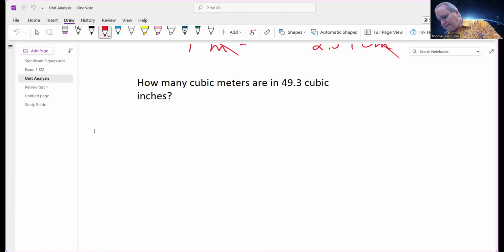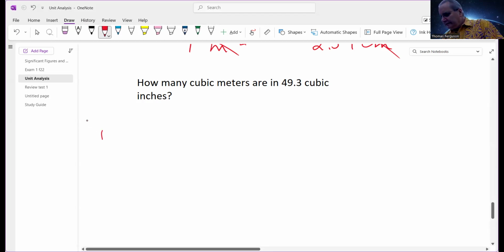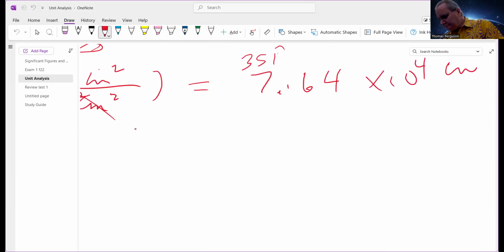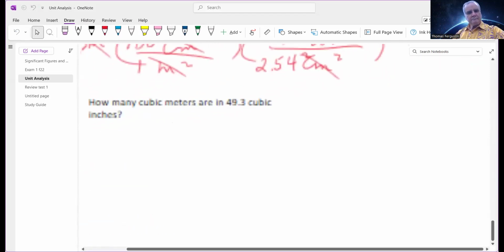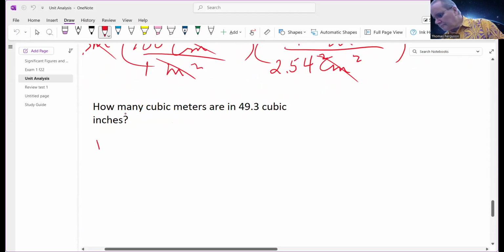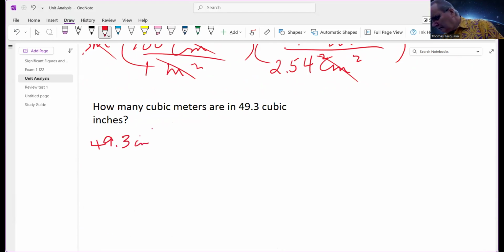Okay, so 49.3 is given. Trying to calculate cubic meters. Now, cubic is three-dimensional, like this box.